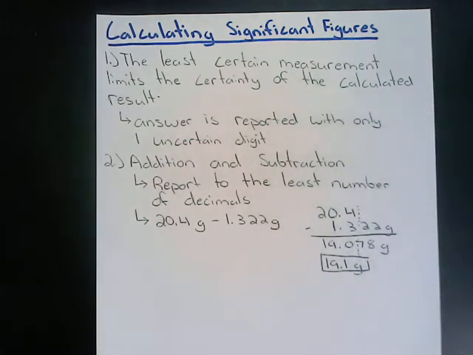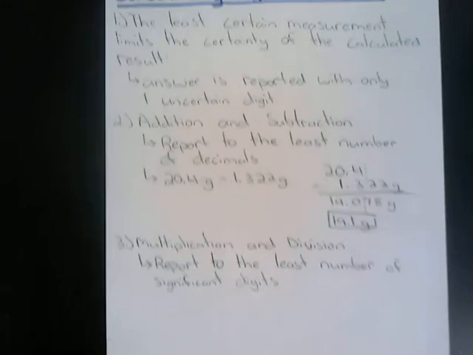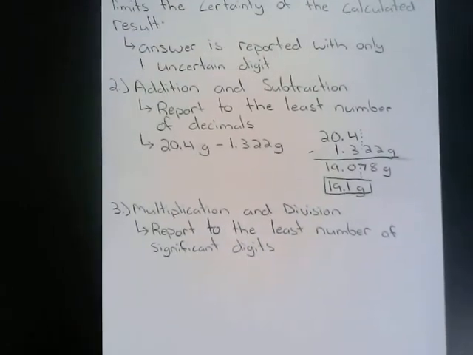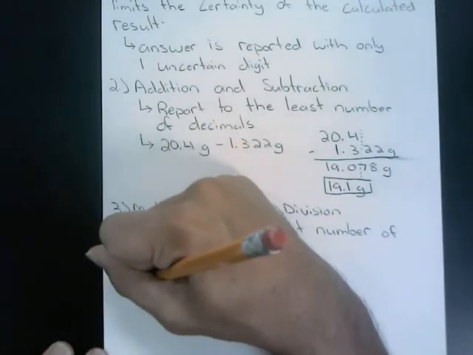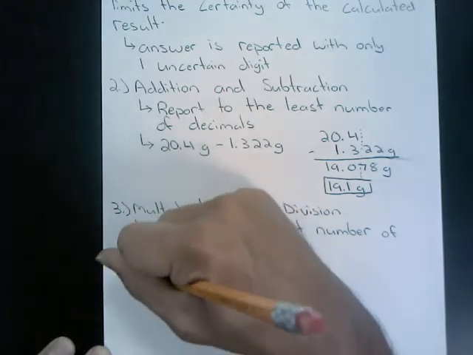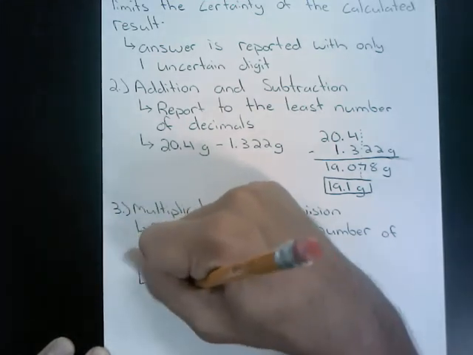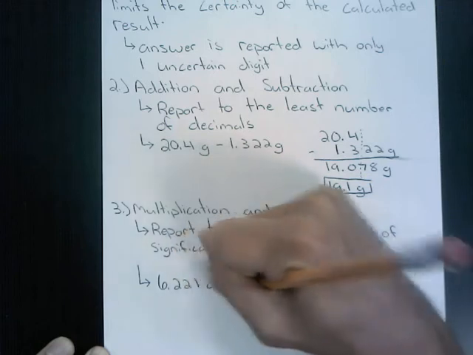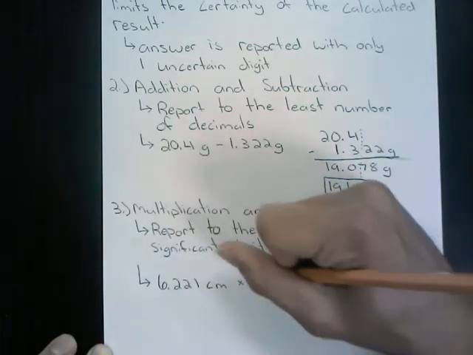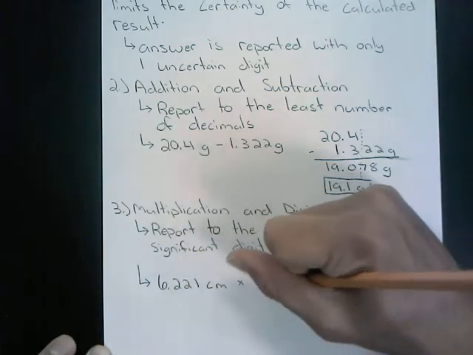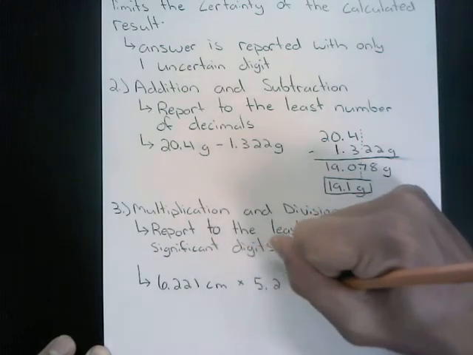Now, for multiplication and division, we need to report to the least number of significant digits. So again, let's go through an example here. Let's say we take 6.221 centimeters and we multiply it by 5.2 centimeters.